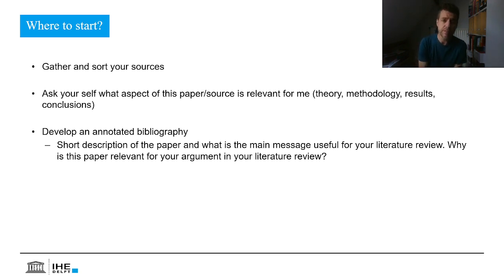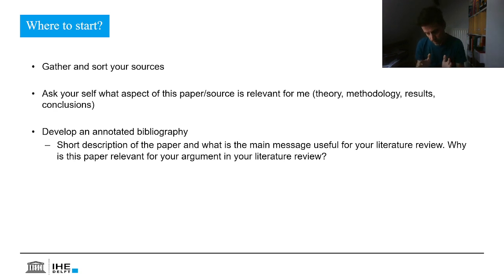And next, develop an annotated bibliography. In an annotated bibliography, you have a full reference of the paper, so that is the names of the author, the year, the title of the paper, the journal of the paper, the volume number, issue number, page numbers, preferably maybe also with an online URL reference. And under that reference, have a short description.